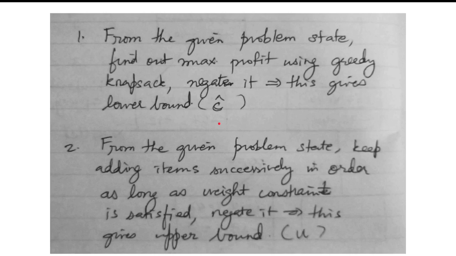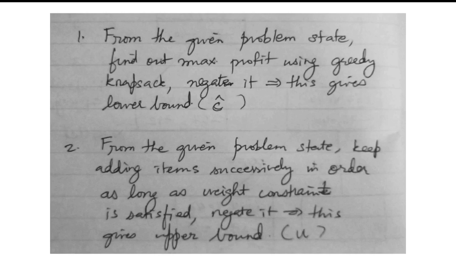It is found by using greedy knapsack, and the upper bound is obtained by simply adding items one after the other until the weight is exhausted, and counting the profit. So you add items one after the other in the order of the items until the weight is exhausted and find out the profit.